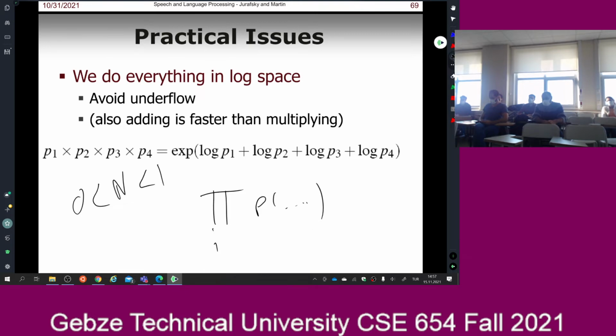If you are multiplying numbers like 10 to the power minus 20 and 10 to the power minus 22, and so on, after a while you are dealing with very small numbers and you are going to cause underflow. Not overflow, but underflow, if you keep multiplying those numbers. That's not a good thing. We don't want this to happen.